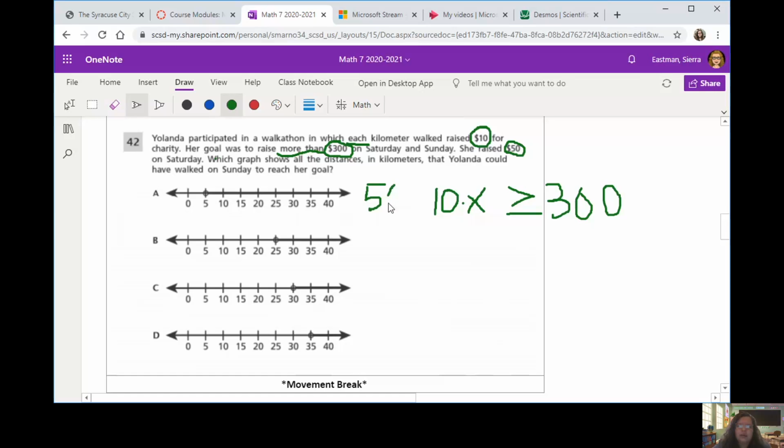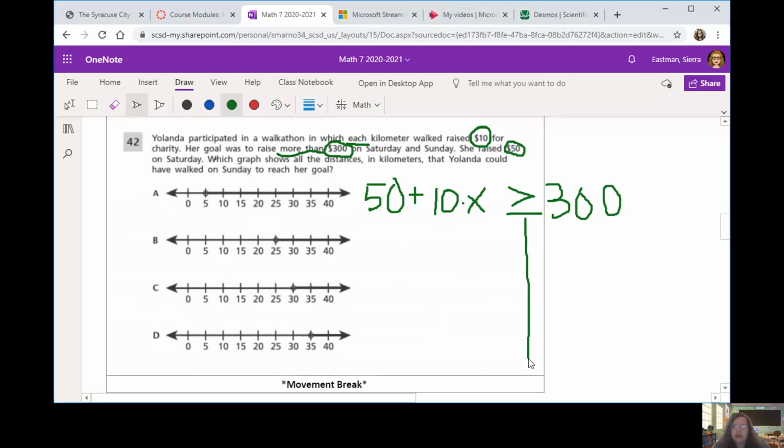Saturday, she raised $50. Now on Sunday, she needs to walk this amount to make her total be bigger than 300. And if you look at our choices here, they're giving you a graph. They graphed these numbers on a number line, which means we actually need to solve for our value of x and use that to see which number line is matching. So let's go ahead and do that.